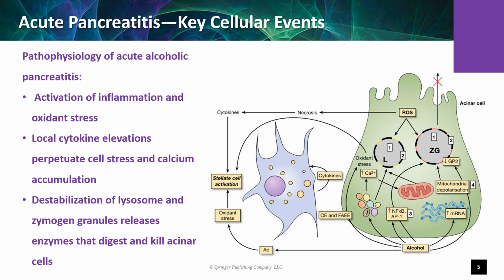Then it activates inflammatory pathways through the NF-kB and MAP1 in step 3. Next, it increases intracellular calcium and lipids and depolarizes the mitochondria in step 4. The consequences can be as severe as widespread necrotic cell death of the acinar cells and critical illness.